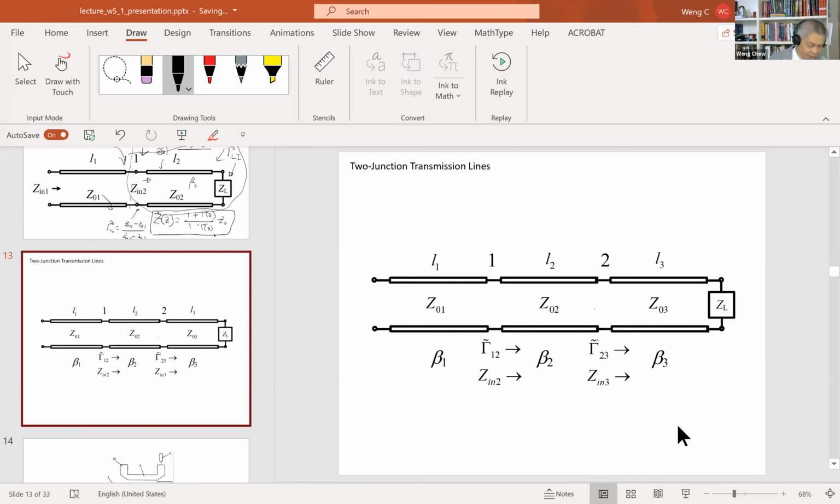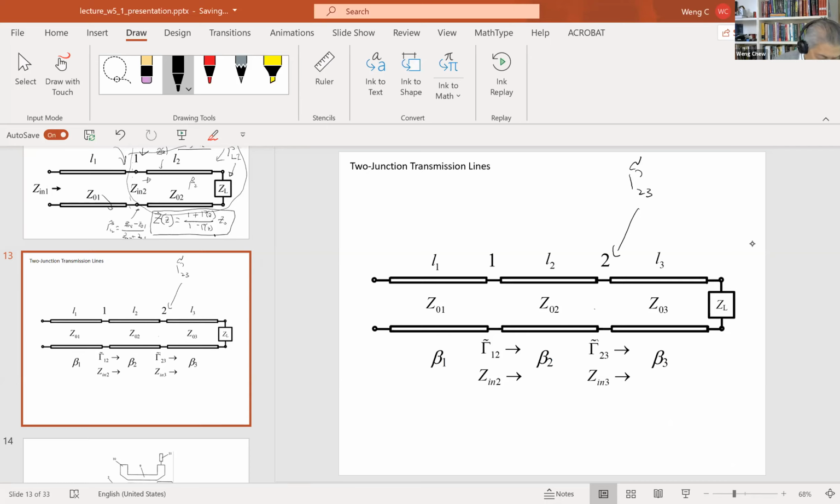So the process goes like, well, if you have this load here, I should be able to find gamma 2, 3 tilde at this end, okay?